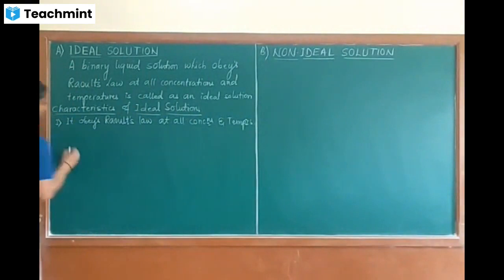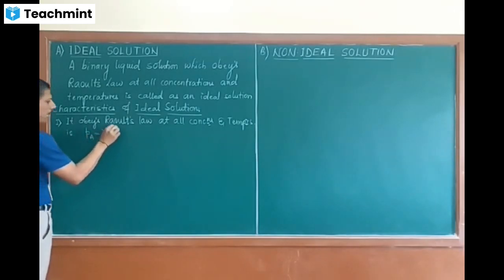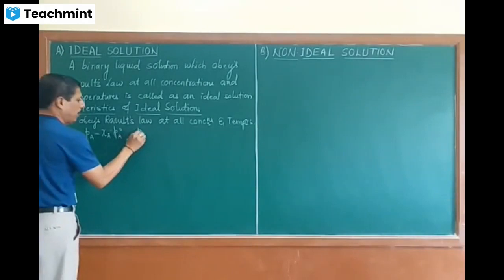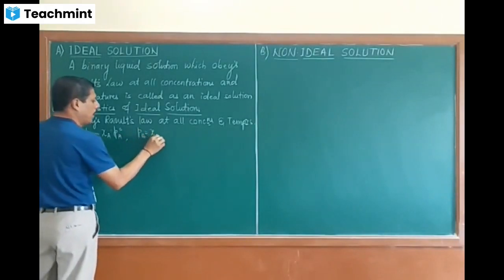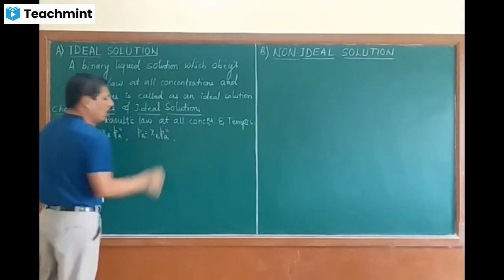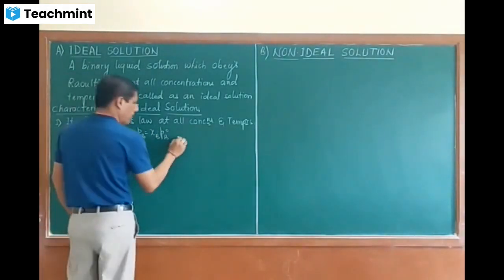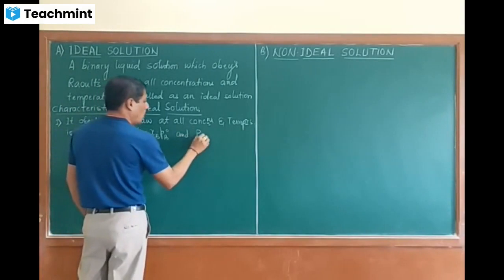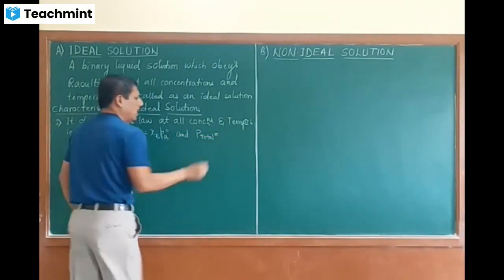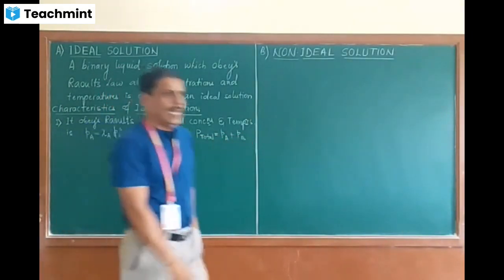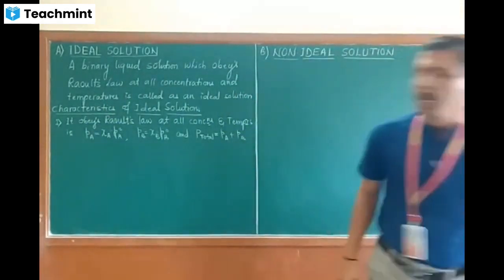Mathematically we express this as Pa = Xa into Pa naught for liquid A, Pb = Xb into Pb naught for liquid B, and P total, the total vapor pressure of the solution, is equal to Pa plus Pb, the partial vapor pressure of liquid A and partial vapor pressure of liquid B. Is it right?